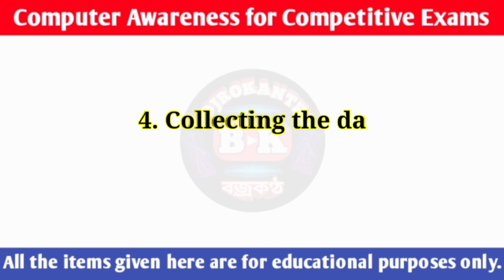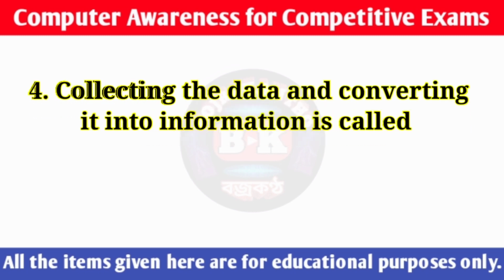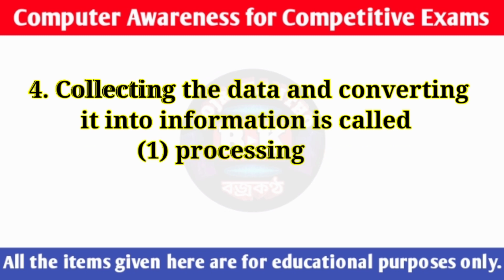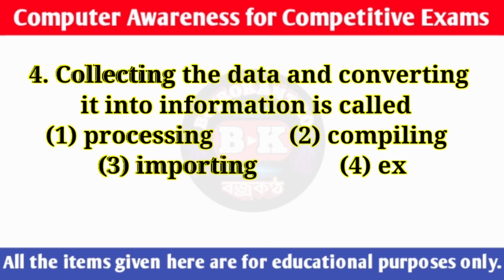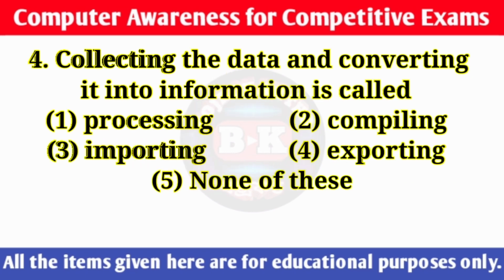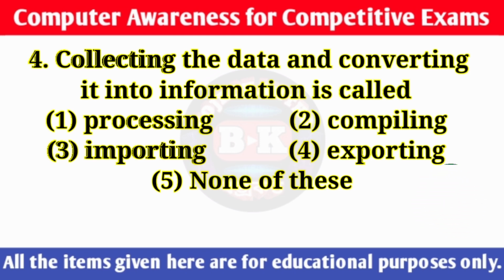Question number 4. Collecting the data and converting it into information is called. Option number 1 processing, 2 compiling, 3 importing and option number 4 exporting and option number 5 none of these. The correct answer is option number 1 processing.